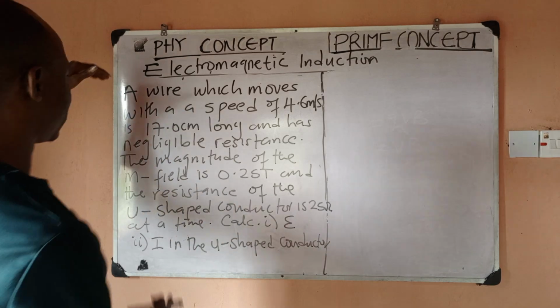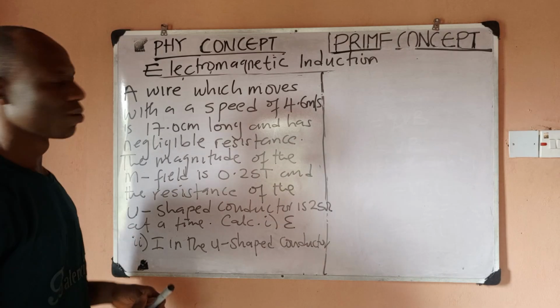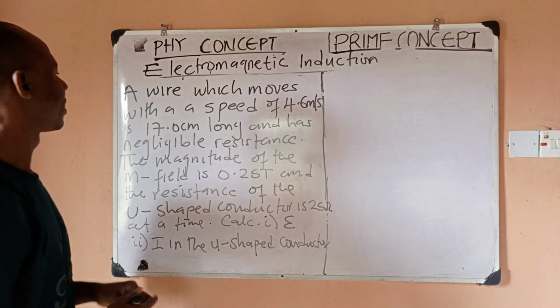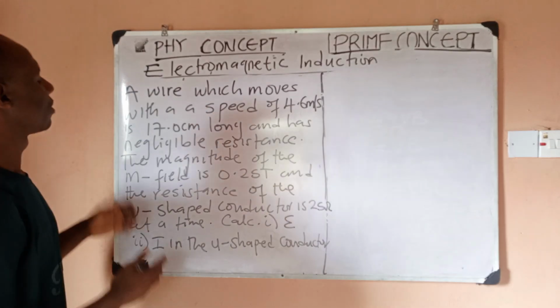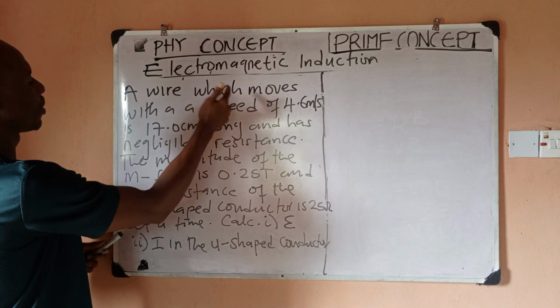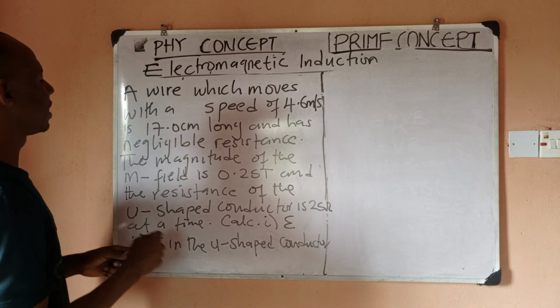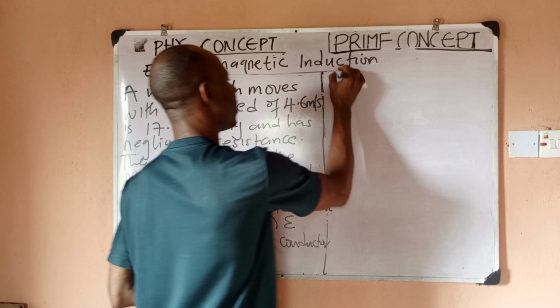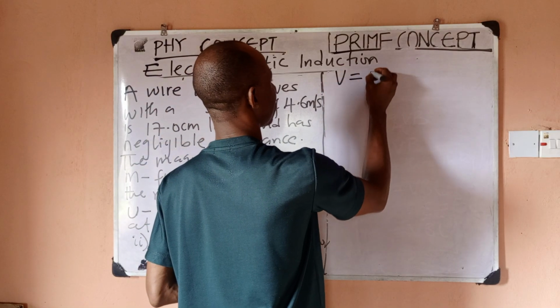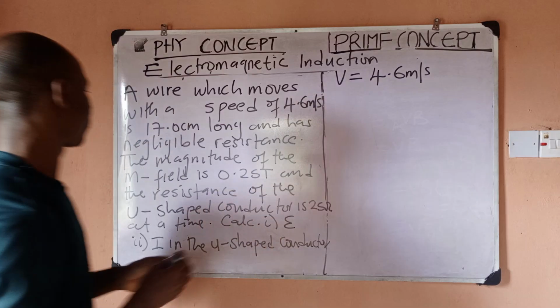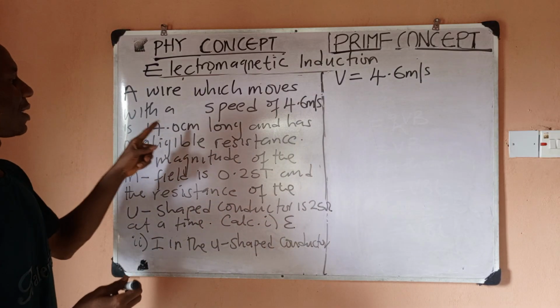All right, now we have this example to illustrate this, but this has a little more application. So let's quickly take a look at it. A wire which moves with a speed of this. So the velocity of the motion of that conductor is 4.6 meters per second, and it is 17 cm long.